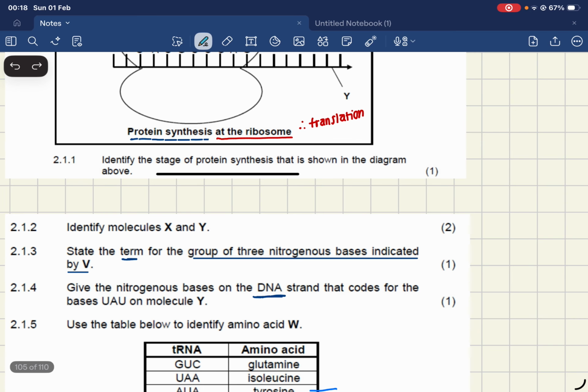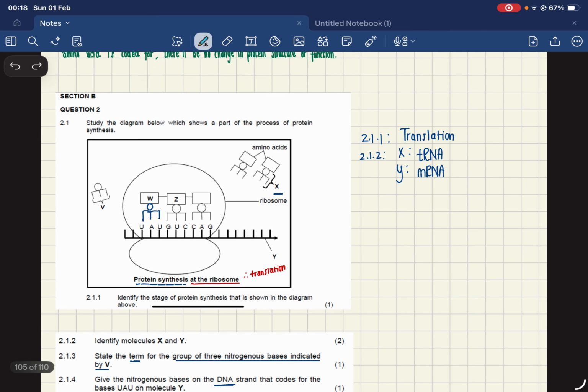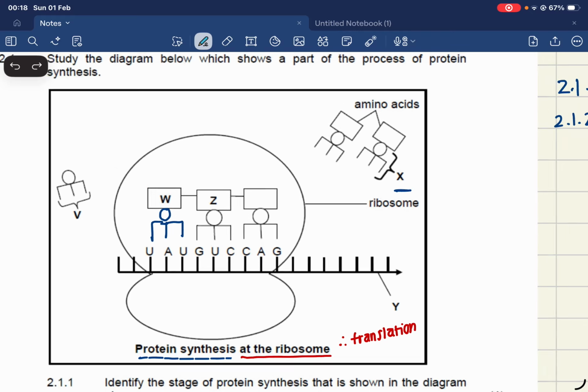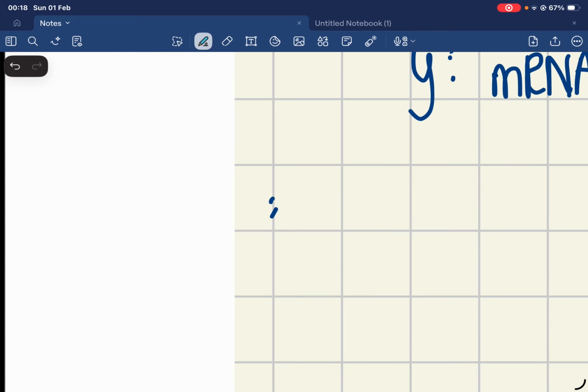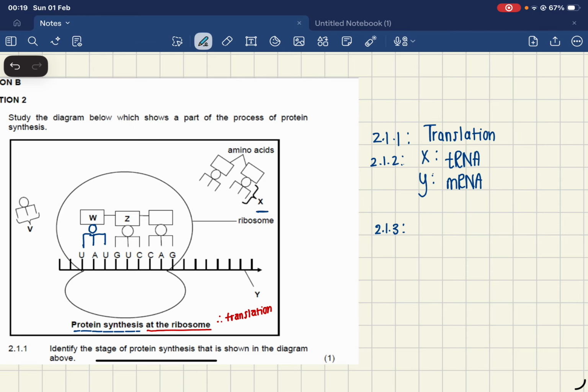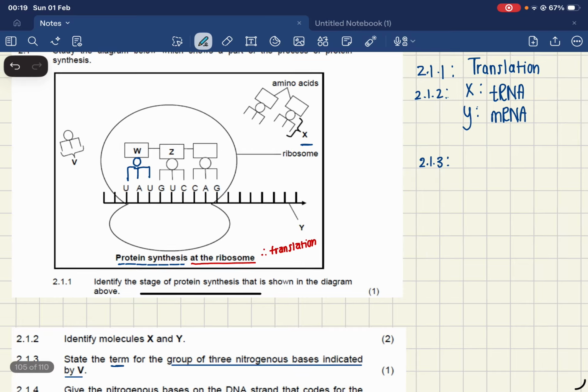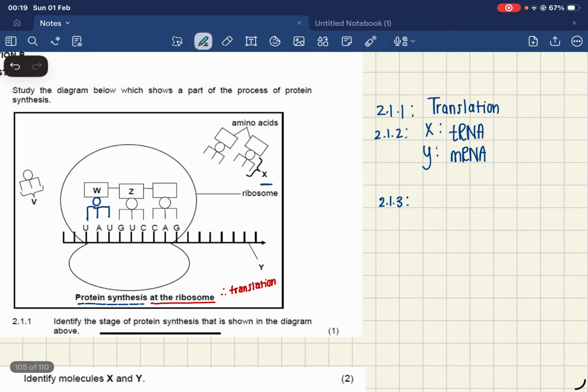Now, let's move on to question 2.1.3. It says state the term for the group of 3 nitrogenous bases indicated by V. Where's V? And we can see that V is tRNA, right?